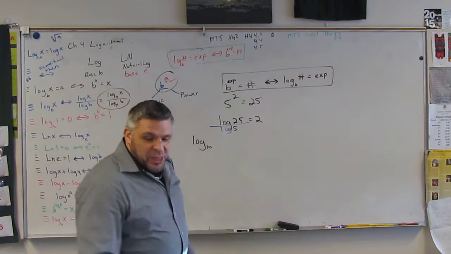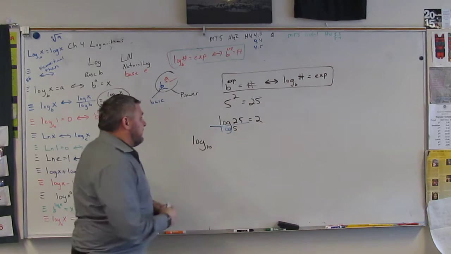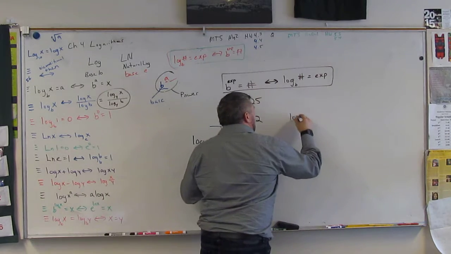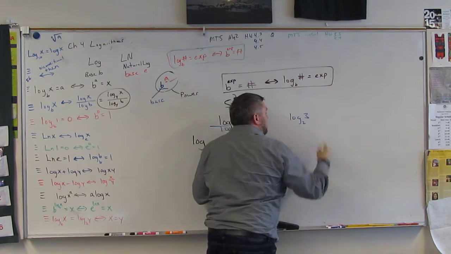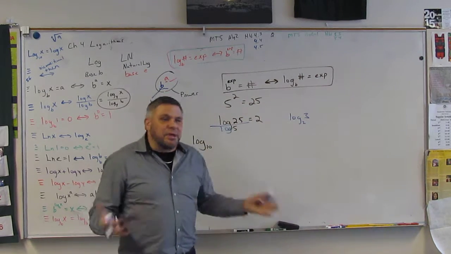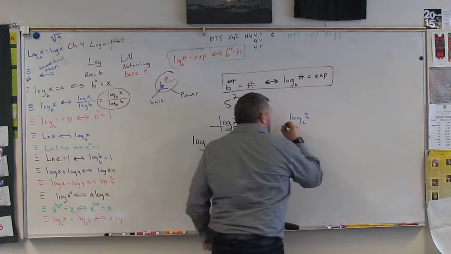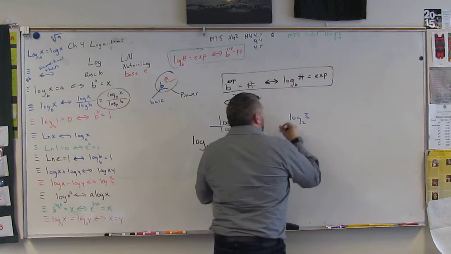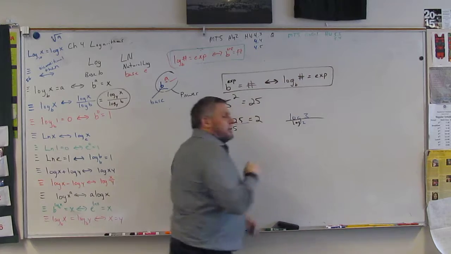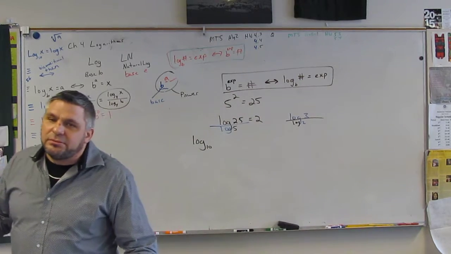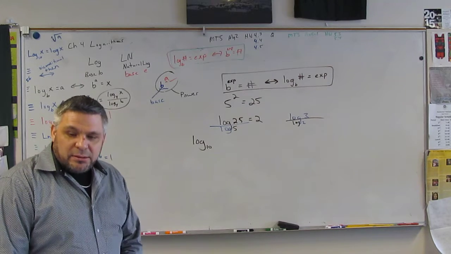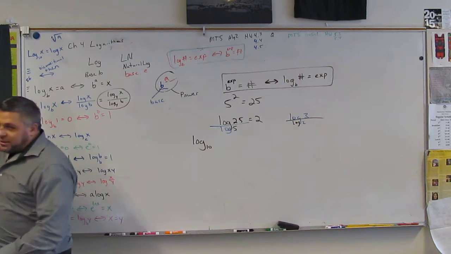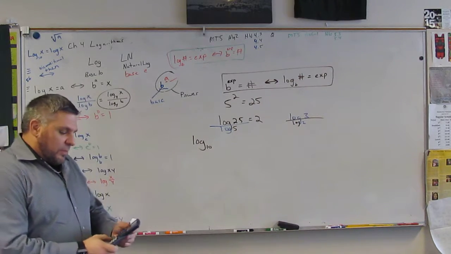Okay? And so, if you're given something like log of 3 base 2, I can plug that in the calculator as log of 3 divided by log 2. And what do I get? Oh, I have to have a calculator.